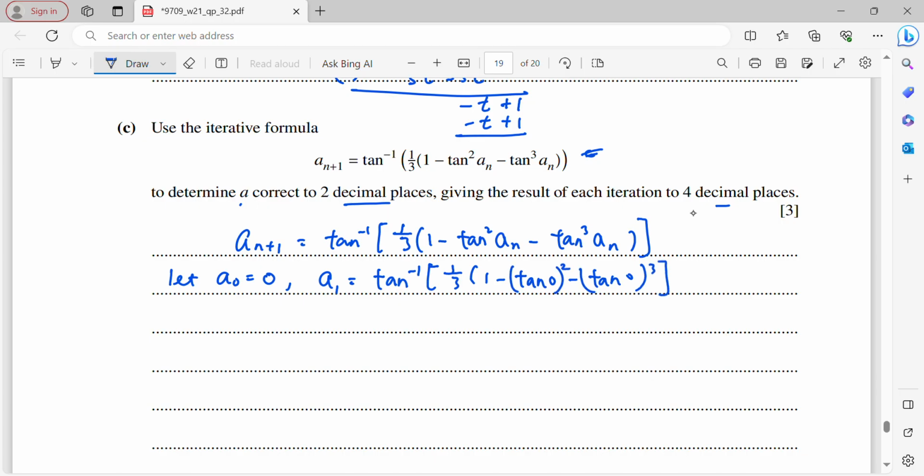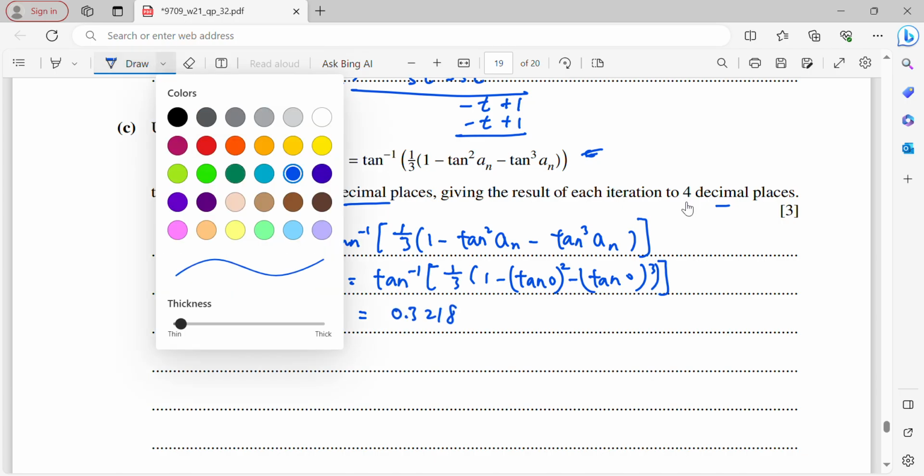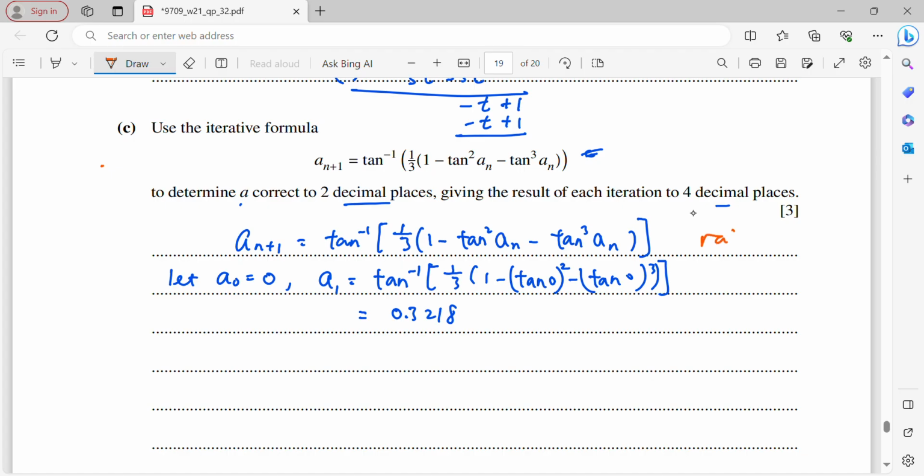That's why I purposely choose 0. Then here you will get inverse tangent 1 over 3, which is 0.3218. So remember to calculate this using radians mode. Okay, so tangent 0 is 0.